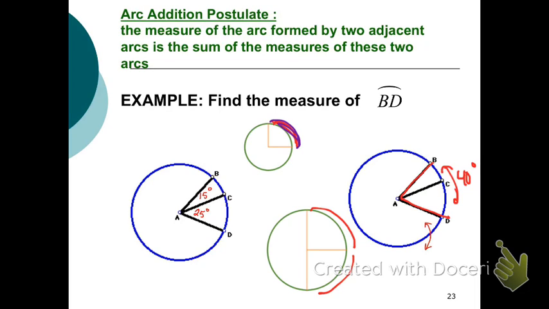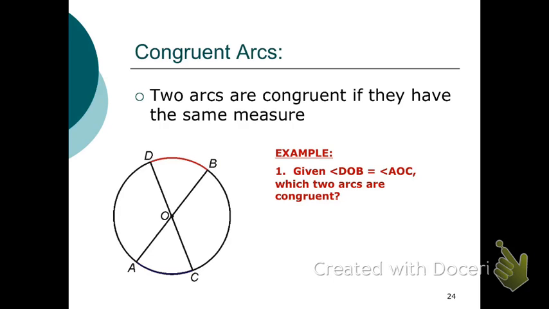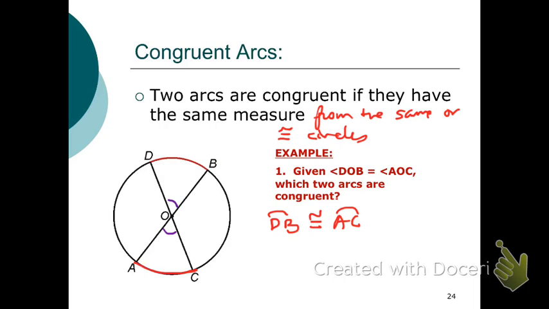Okay? So, that's going to come into play on the next one. Two arcs are congruent if they have the same measure. And I want you to add to this, okay? If they have the same measure, and they're from the same or congruent circle. So if they're from the same circle or congruent circle, then they might be congruent.